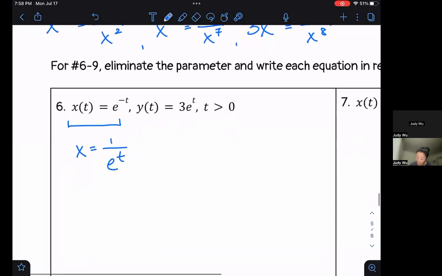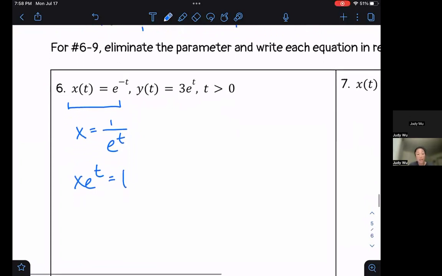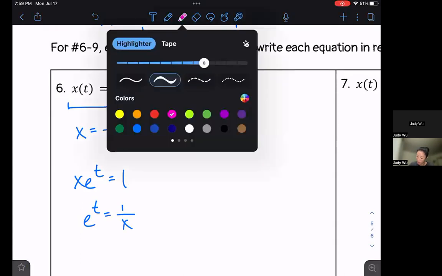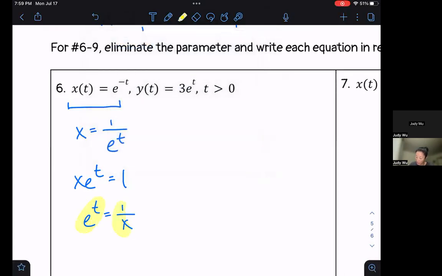So let's multiply both sides by e to the t. So x e to the t equals 1. Now I'm going to divide both sides by x. e to the t equals 1 over x. That means everywhere I see e to the t, I can replace it with 1 over x.